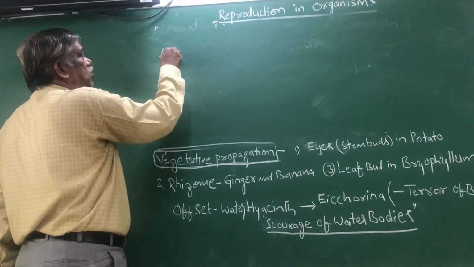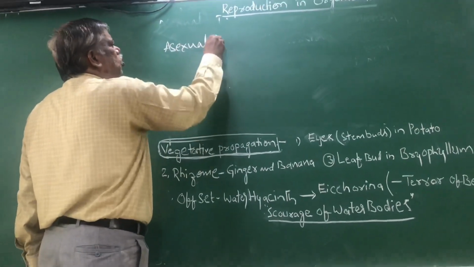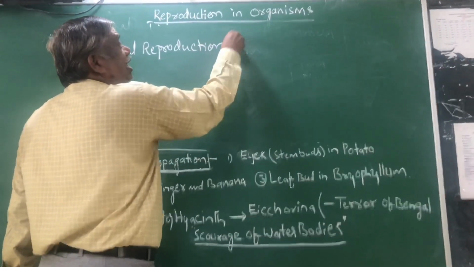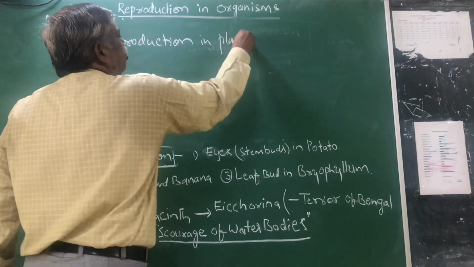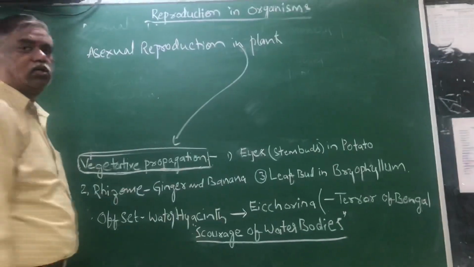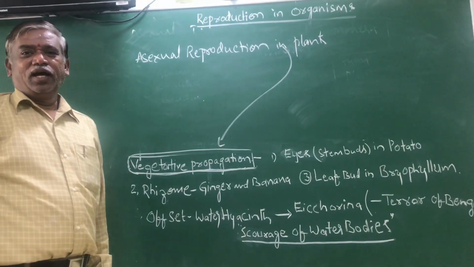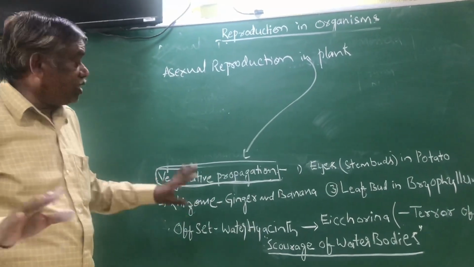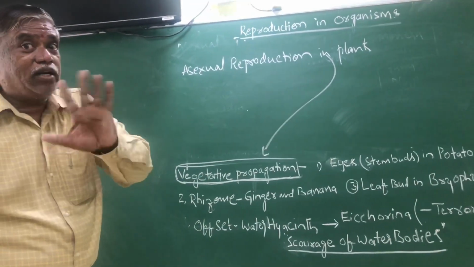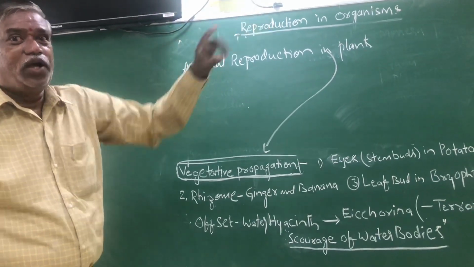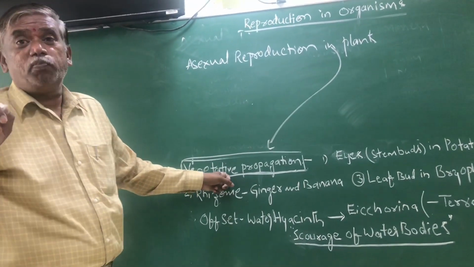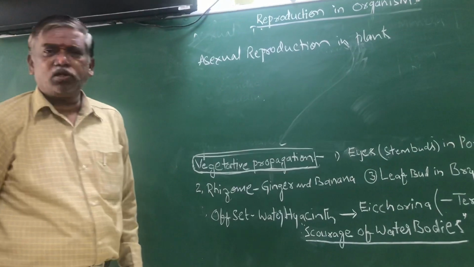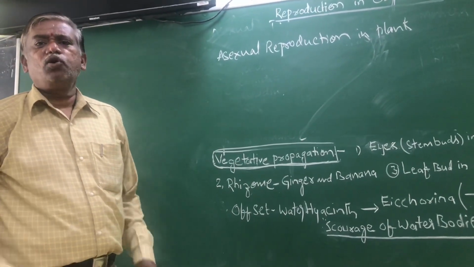Asexual reproduction in plants is called vegetative propagation. A synonym of asexual reproduction is vegetative. But this term is applicable only to plants, not to animals, fungi, or the other 4 kingdoms. So that means you know what vegetative propagation is: the asexual reproduction in plants.